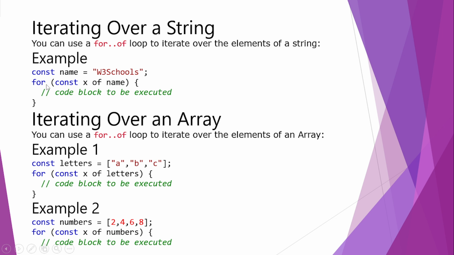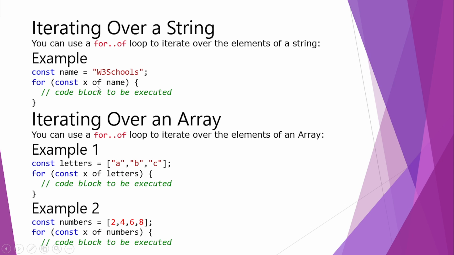First of all, we have to write the for keyword, and in small brackets we write const x, like any variable. It can be var, or it can be const. Here we are using const x of name. Of is a keyword.